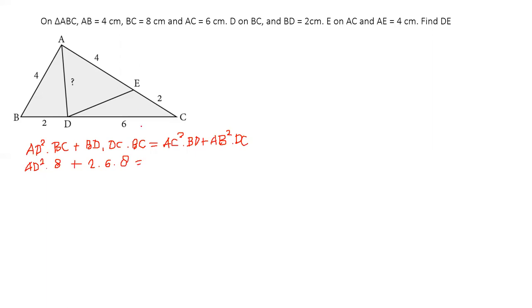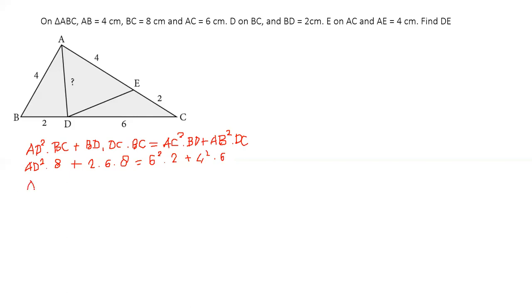AC is 6, BD is 2, AB is 4. So it becomes 4 squared times DC, which is 6.